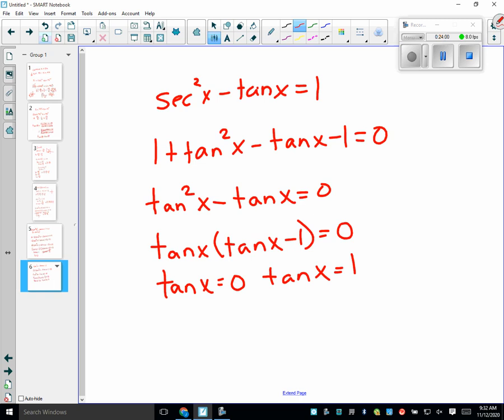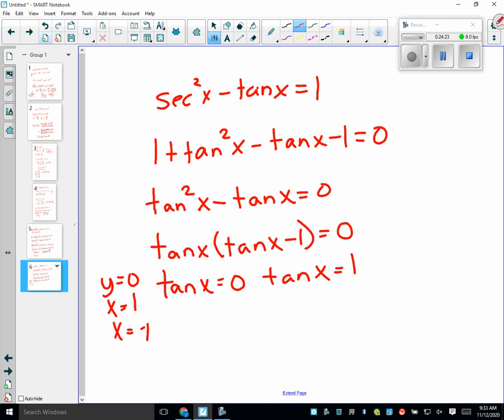When is tan 0? Tan is y over x, right? So y equals 0, and x can be 1 or x can be negative 1, right?